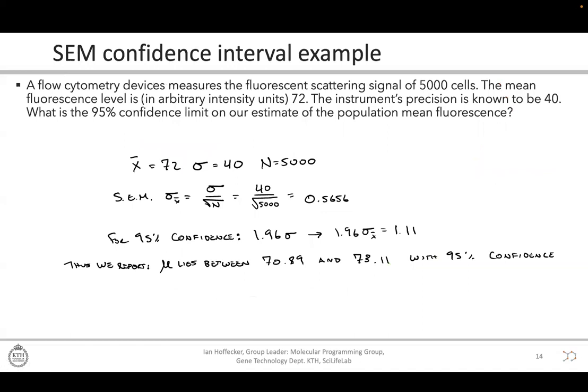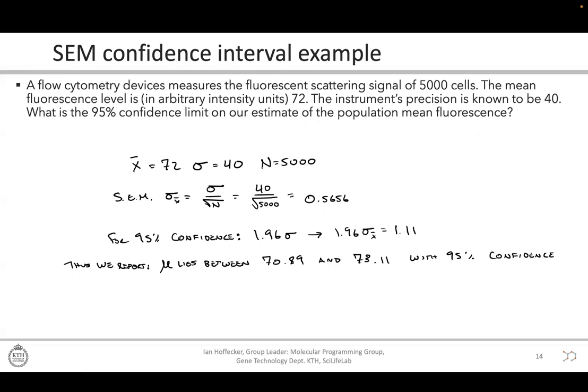So let's give an example: standard error of the mean and confidence intervals. Consider a flow cytometry experiment, and we're measuring the scattering signal for 5,000 different cells. The fluorescence level, the mean that we get from our measurement, is 72.